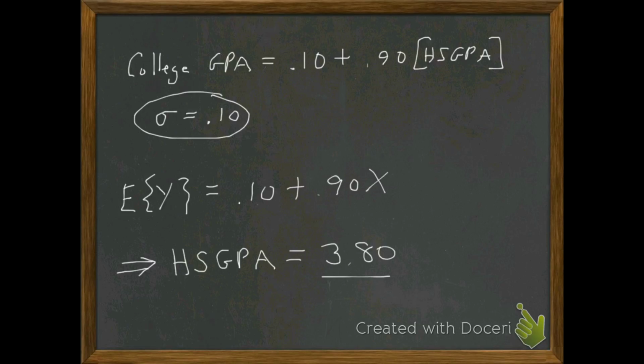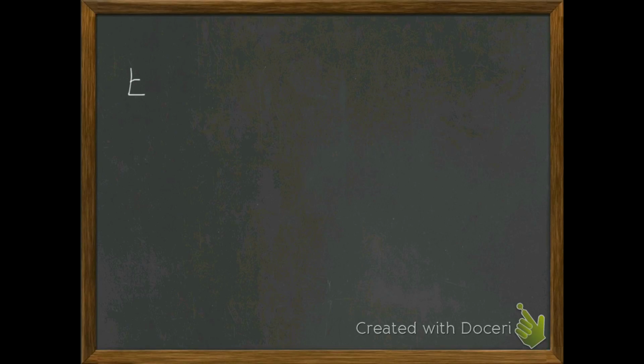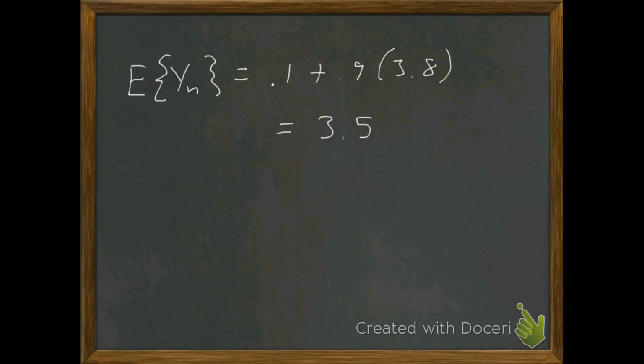So therefore, our expected value of y sub h for this level is 3.52.